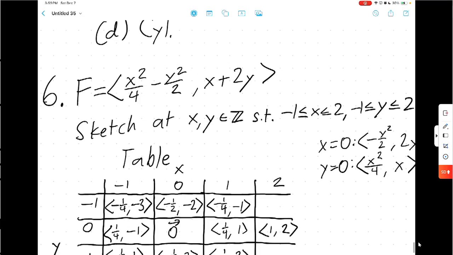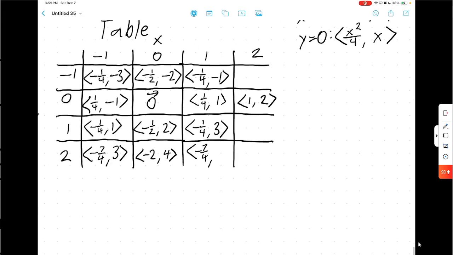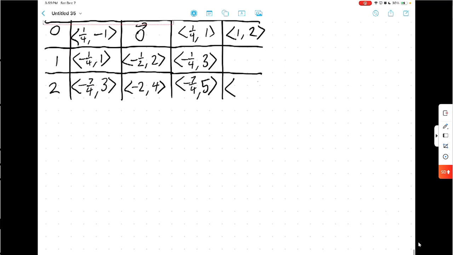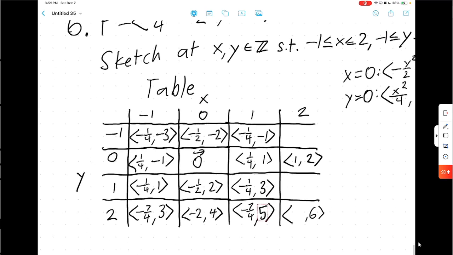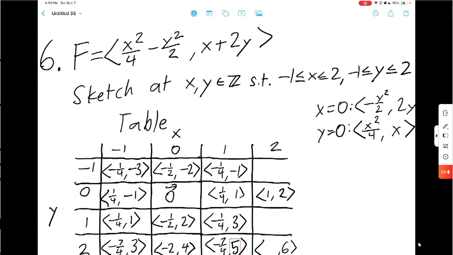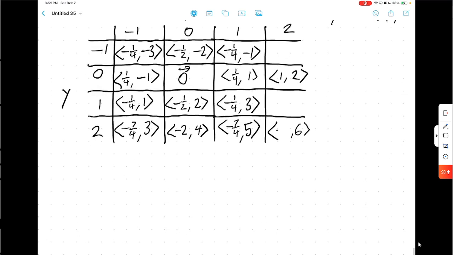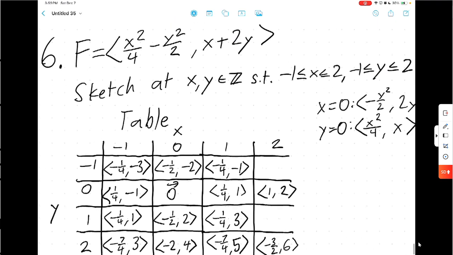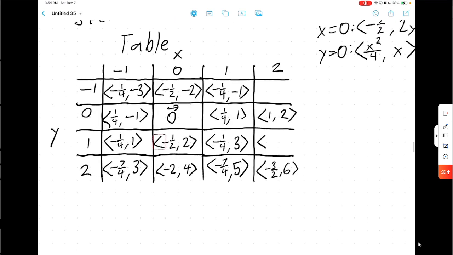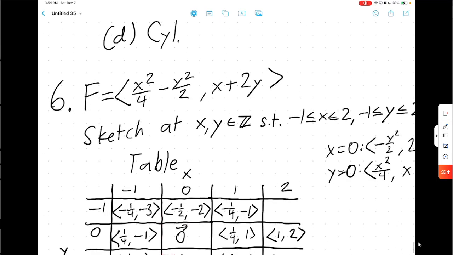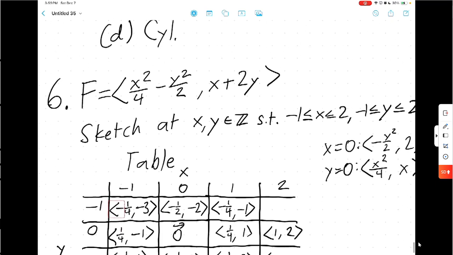And then 1 and 2 for this one is going to be 5. For 2 and 2, we're going to get 6 for the y coordinate, and for the x coordinate, we're going to get 1/2 minus 2, or -3/2. 2 and 1, we're going to get, what is that?